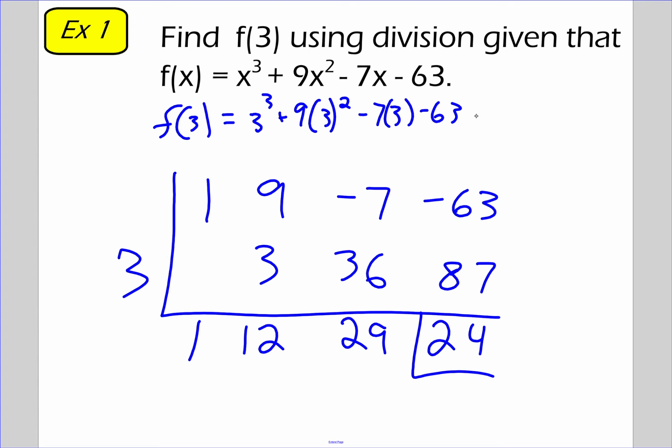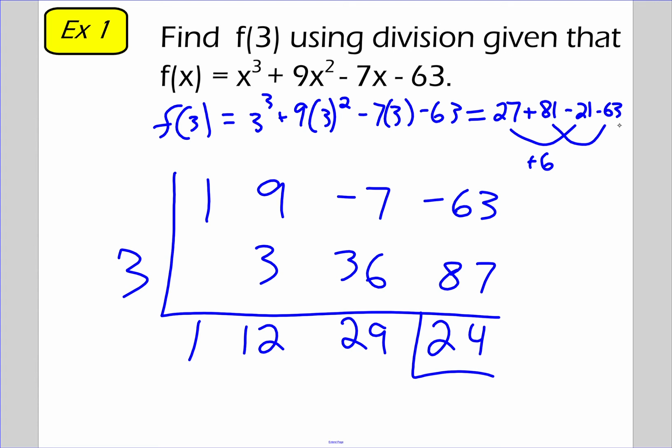And I bet we're going to find that out here. We've got 27 plus 9 times 9, or 81. And then we've got -21 minus 63. All right, so if we take 27 minus 21, we get 6.